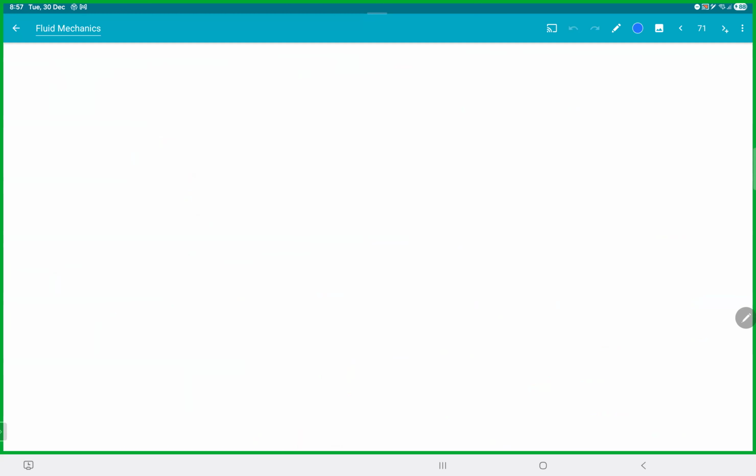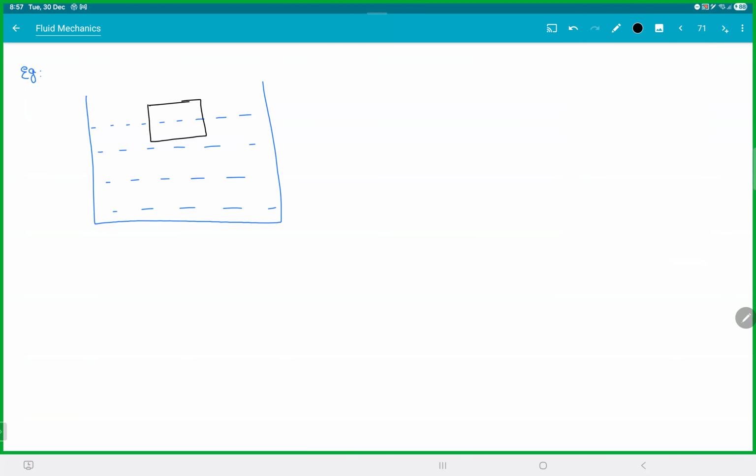Now, listen to this example. Let's say we have a container. You placed a block inside, a cube. This is a cube of side a. The density of the block is rho b.